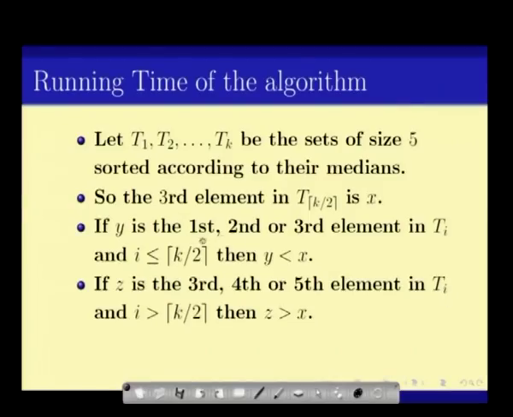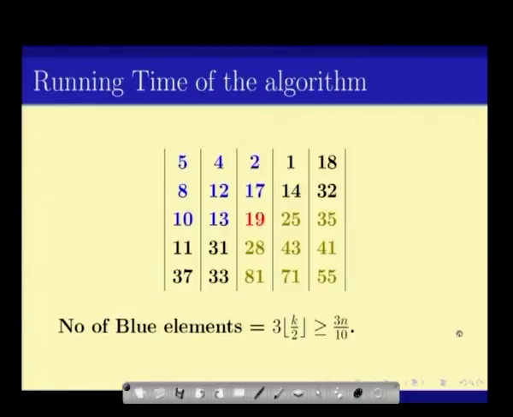So, how many points here are less than x? The total number of points that are less than x therefore comes out to be 3 times k over 2. Now, what was k? k is n over 5. Since k is n over 5, this is around 3n over 10.